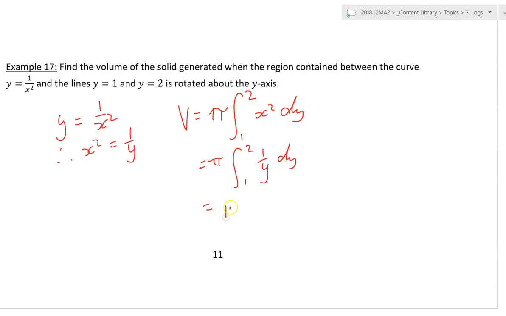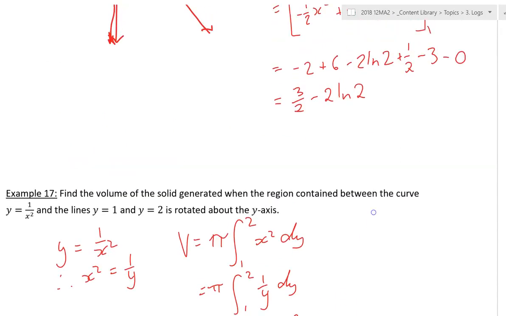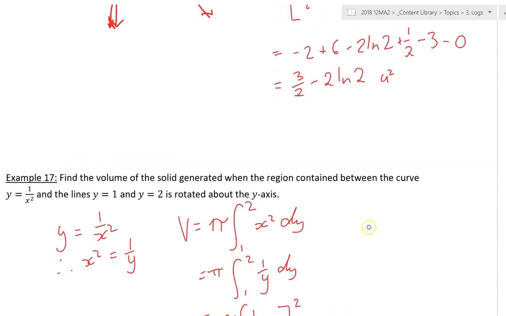So we get pi times the natural log of y from 1 to 2, equals pi times the log of 2 minus the log of 1, which is 0, so I just get pi log 2 cubic units. I should come back up here, don't forget units, square units there.